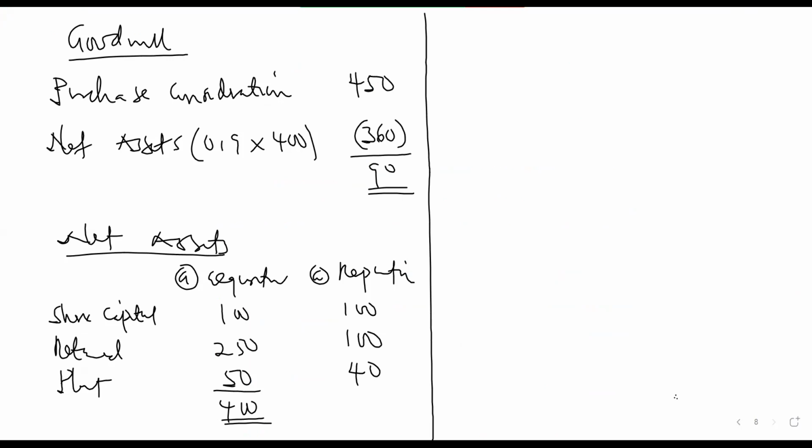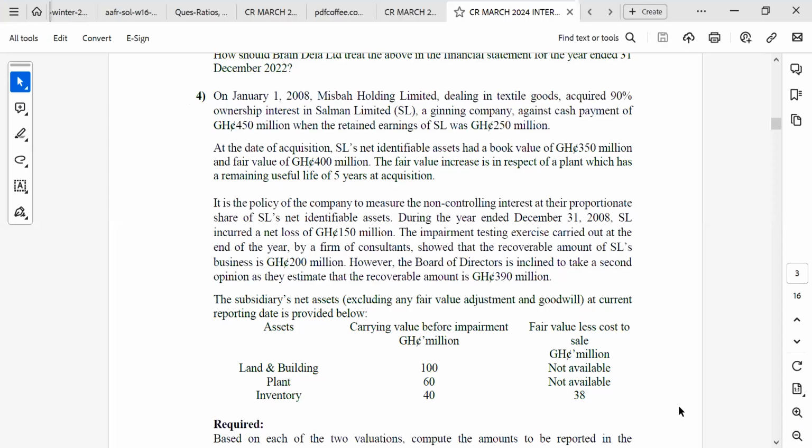It is the difference between the book value and the fair value. At the date of acquisition, the net asset had a book value of 350 and a fair value of 400. The fair value increase is in respect of a plant which has a remaining useful life of 5 years at acquisition. All right, so let's now look at the net assets.